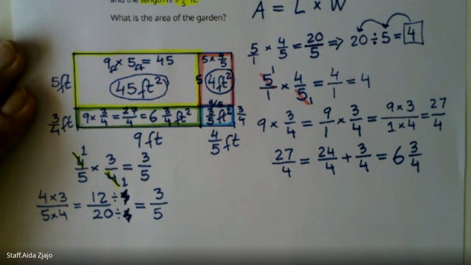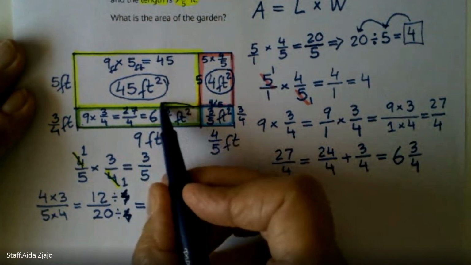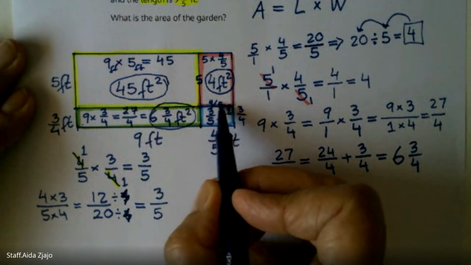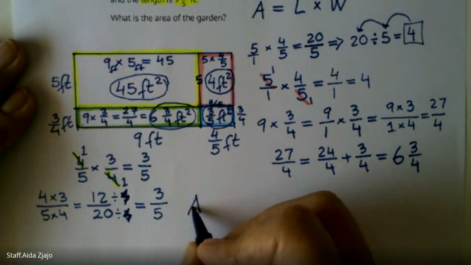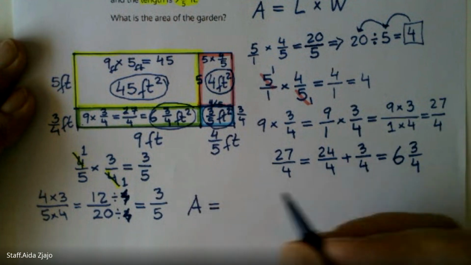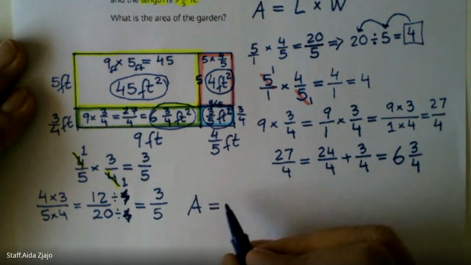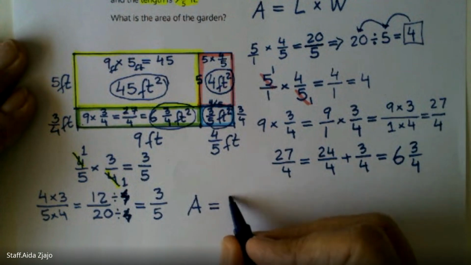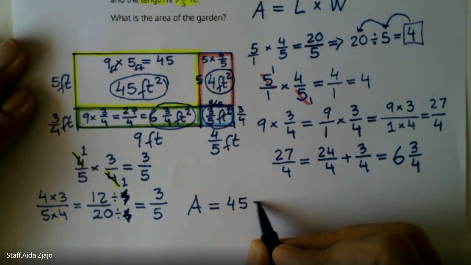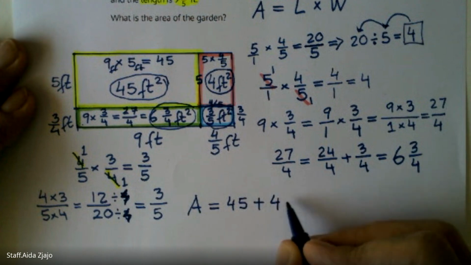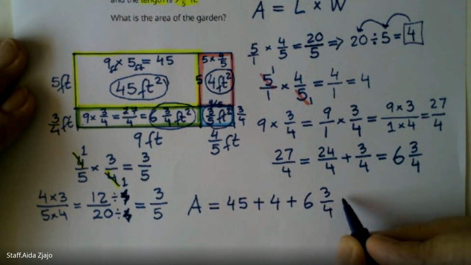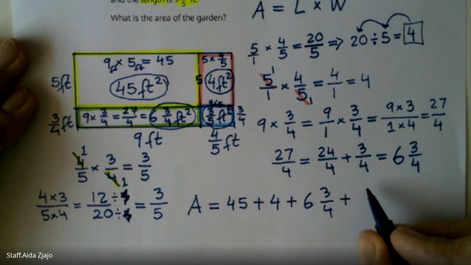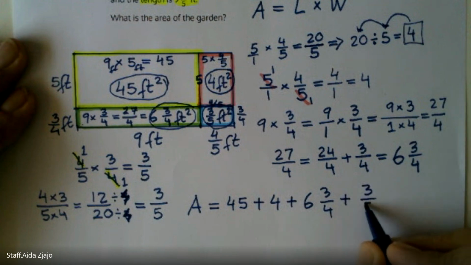So now I do have all these areas and I just need to add them up. So the area of this rectangle, her garden, is going to be 45 plus 4 plus 6 3/4 plus 3/5.